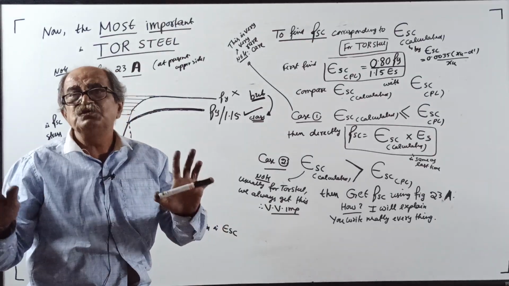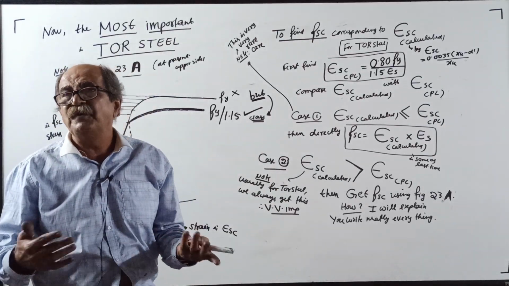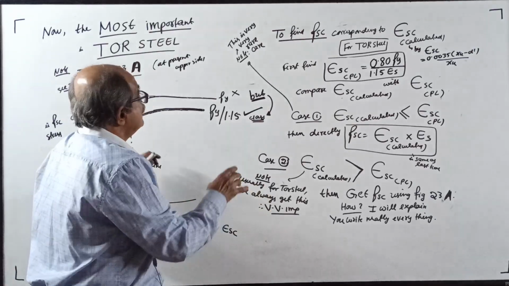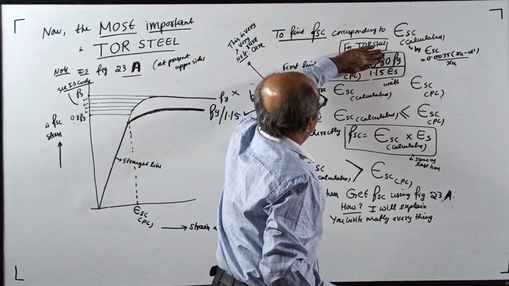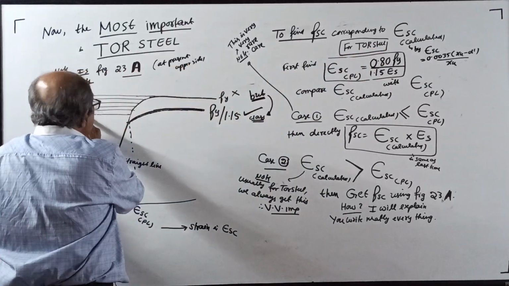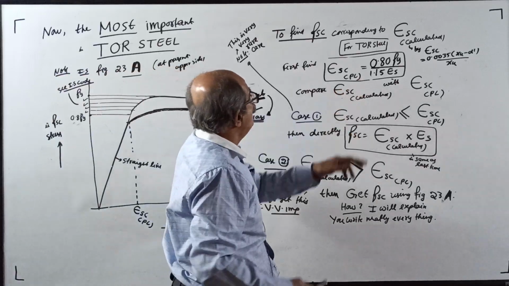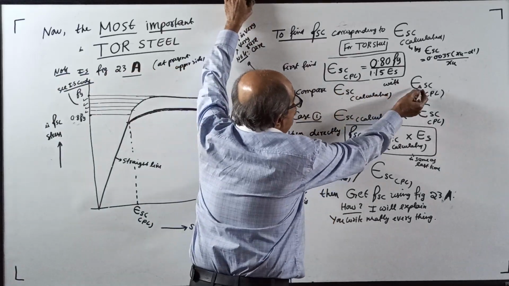I explain that in the batches only, not here. First of all, I am telling more than what I am supposed to tell. So make a note here: if it is mild steel, 0.8 is not there. For torque steel, this 0.8 will come. Remember that. Over.